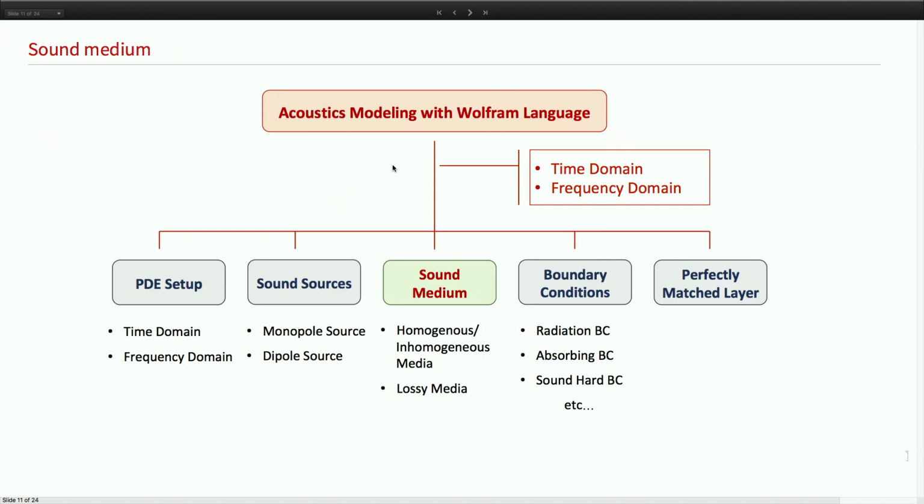Next, let me show you how to model the sound in various types of medium. In the Wolfram language, we can model the sound in homogeneous medium and in inhomogeneous medium. And we can also model a lossy media where the sound keeps decaying within the domain.